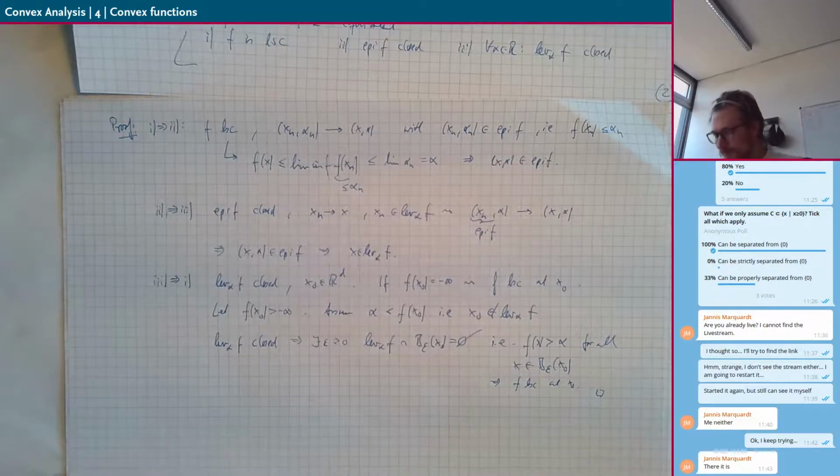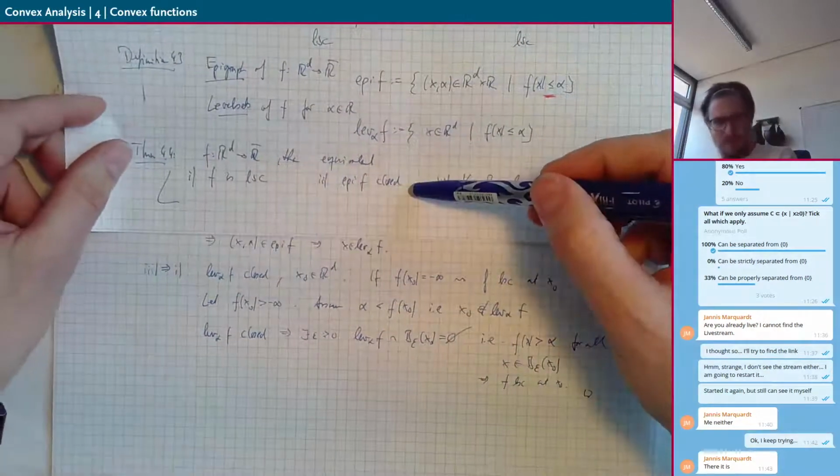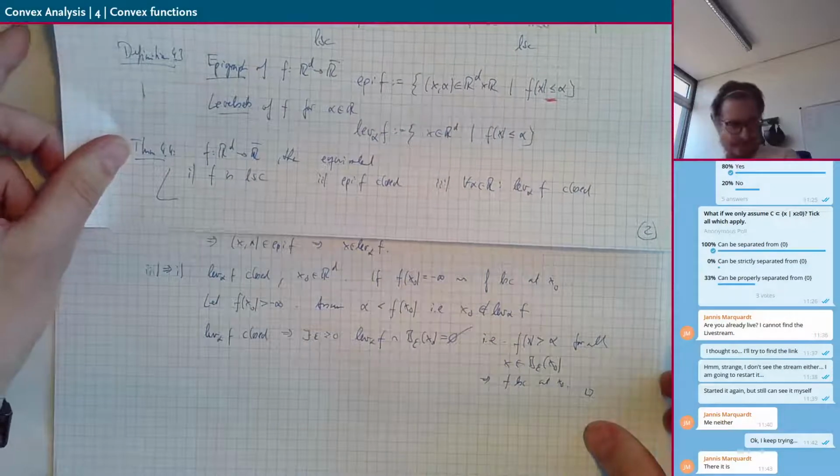So that's lower semi-continuity. It's nicely characterized by closedness of the epigraph or closedness of all level sets.